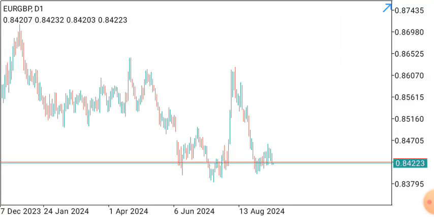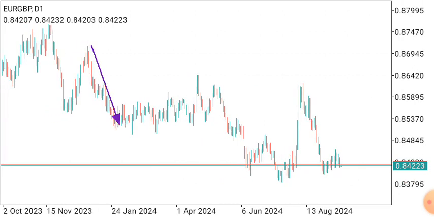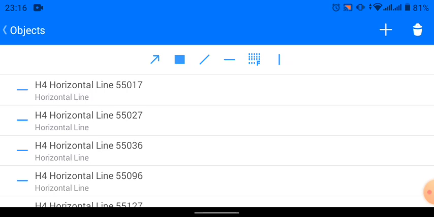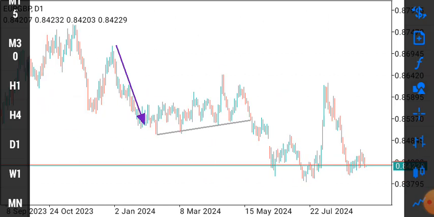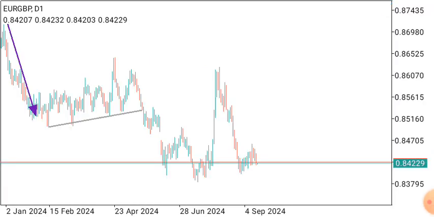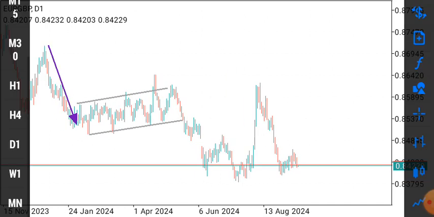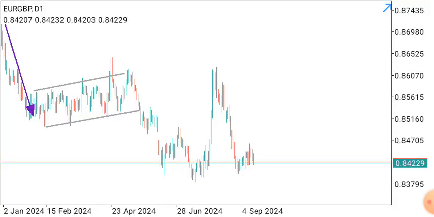EURGBP shot straight to the downside here. Observe this move. It created a very long consolidation here before it pushed all the way to the downside. That is clear. Okay, let's remove that one, because I'm seeing something over here.